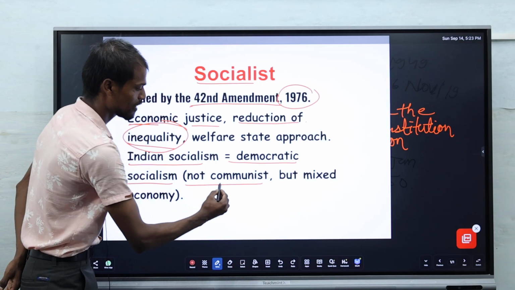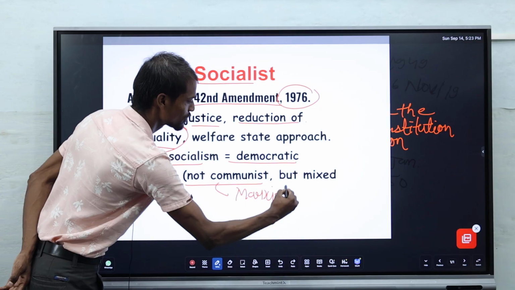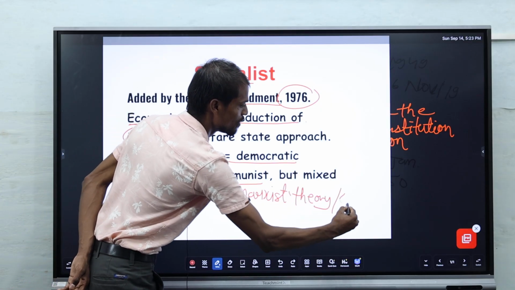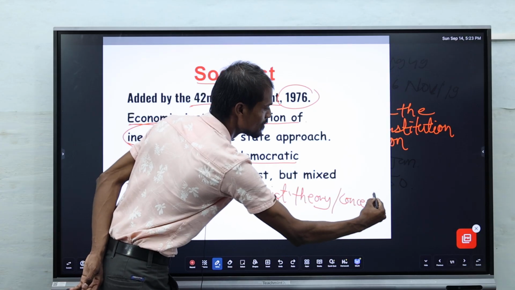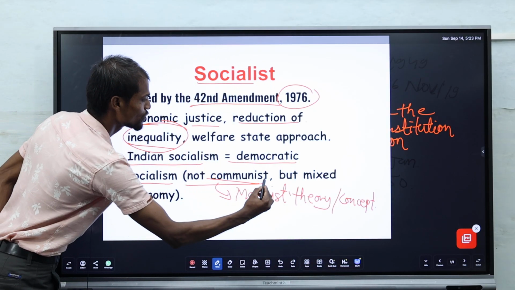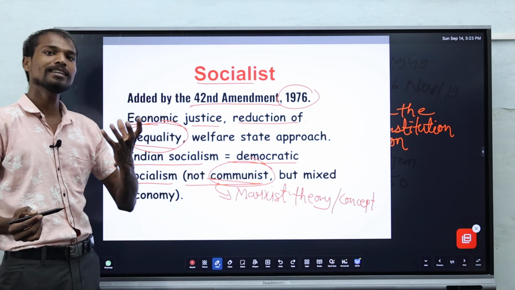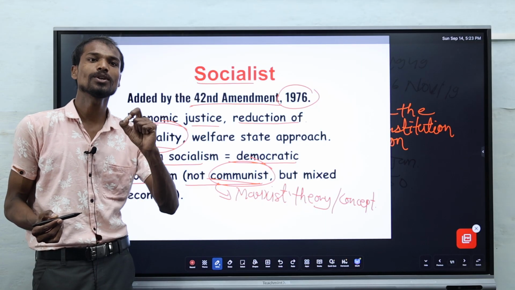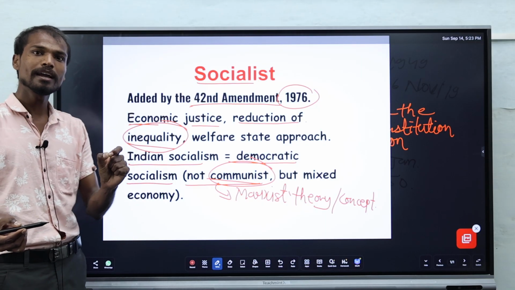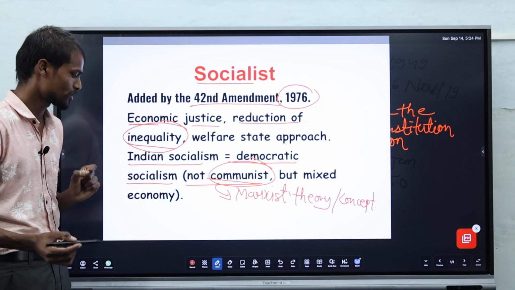Communism comes from Marxist theory, it is associated with Marxism. So Indian socialism is not based on communism.